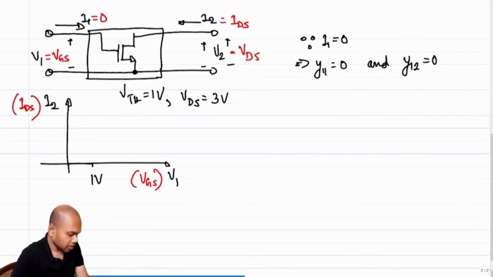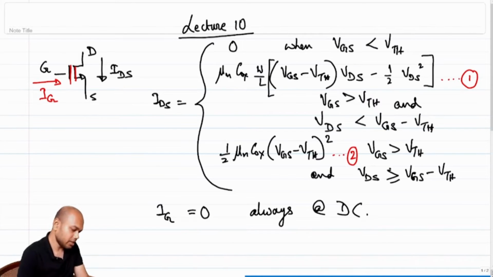Okay, so now what can you comment on when my VGS is just above 1 volt? When VGS is just above 1 volt, then what is VGS minus VTH? VGS minus VTH is close to 0. So VDS is greater than VGS minus VTH, right? So I will be in saturation region of operation. So this equation will hold.